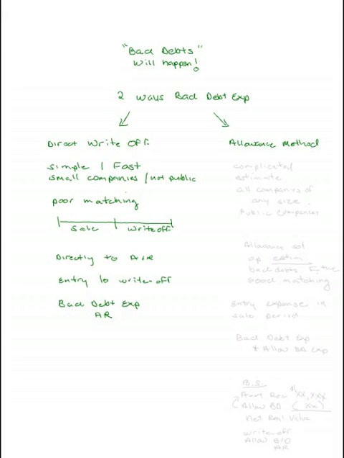Let's take a little bit of a look at the allowance method now. It's a little more complicated because you have to estimate what your bad debts will be based on some measure. You don't really know what that is, but as a general rule, you can base it on past experience.